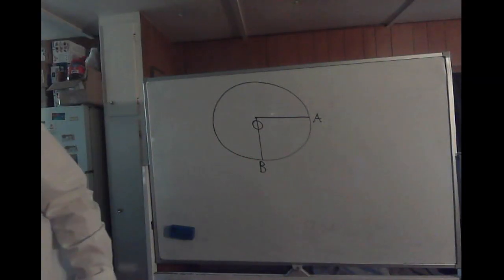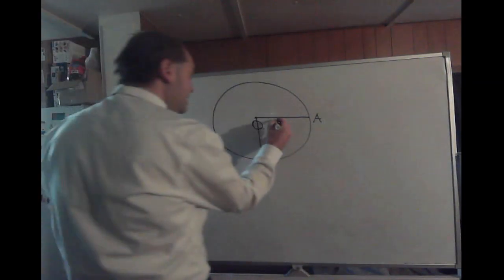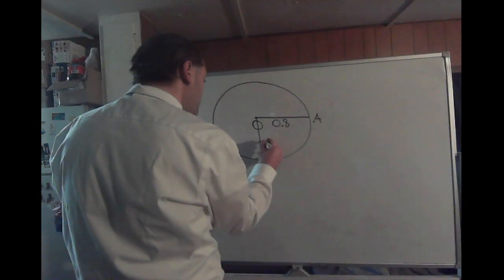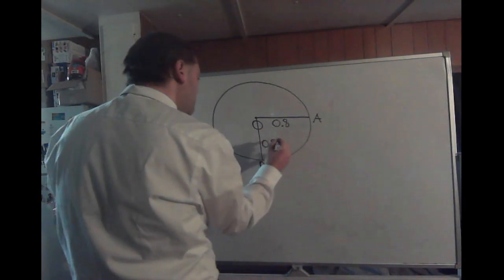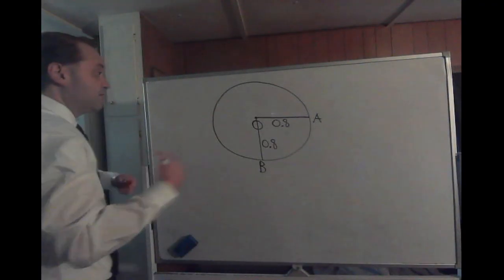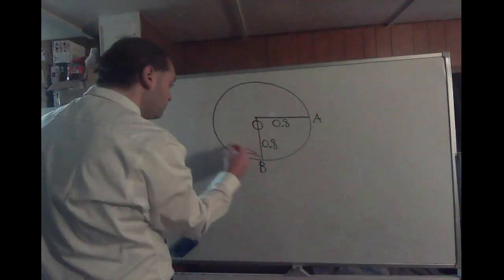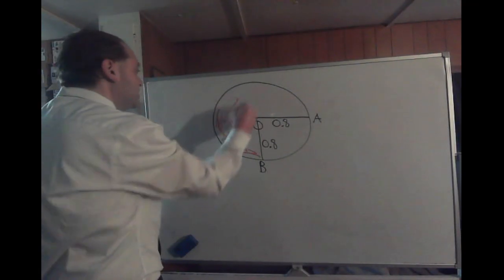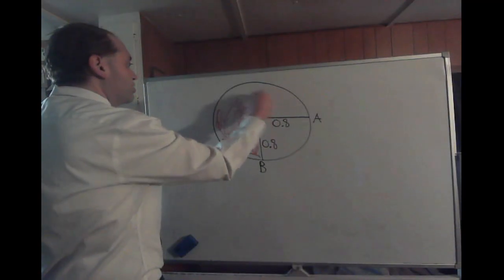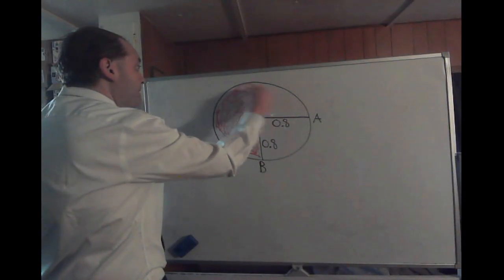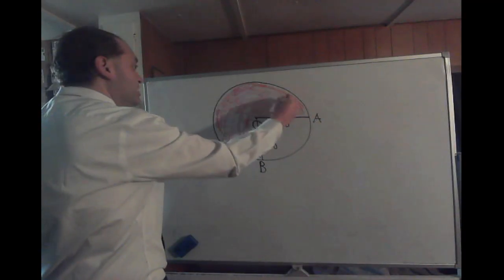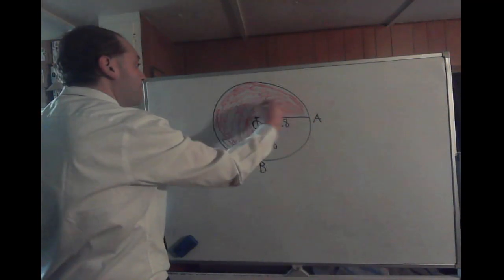What is the radius this time? 0.8. Yep, this one's going to be a lot of fun. I think you'll get the idea of what I'm trying to shade here. The red shaded region is exactly what we're trying to find.